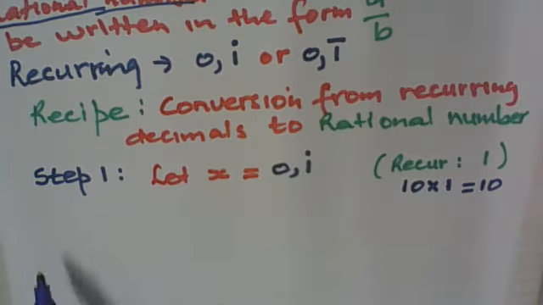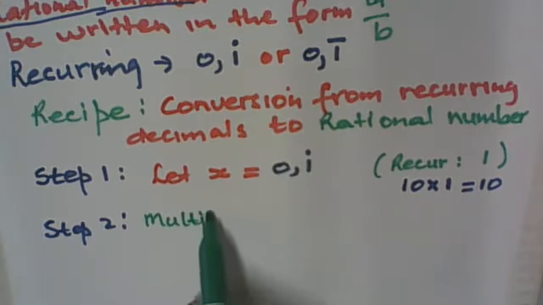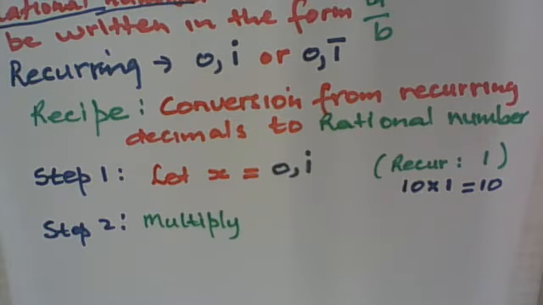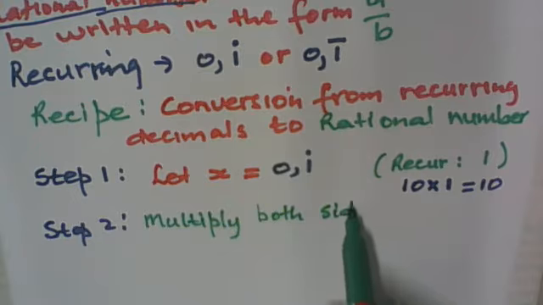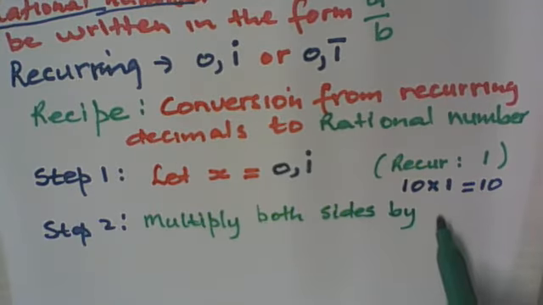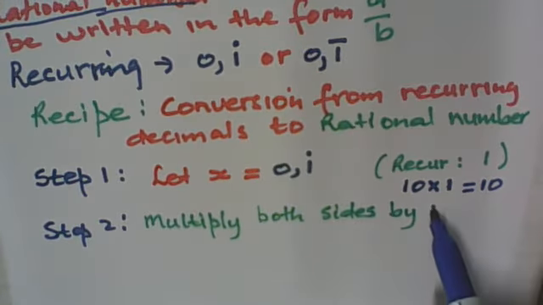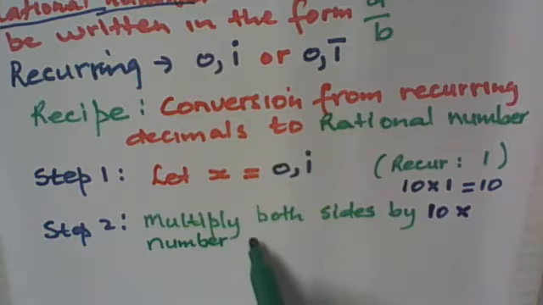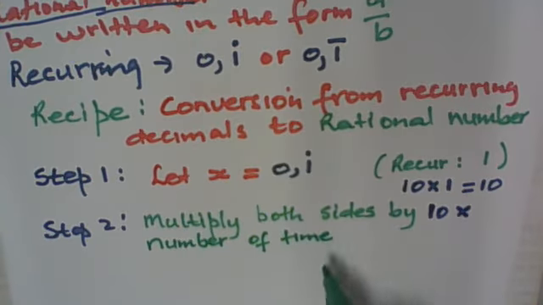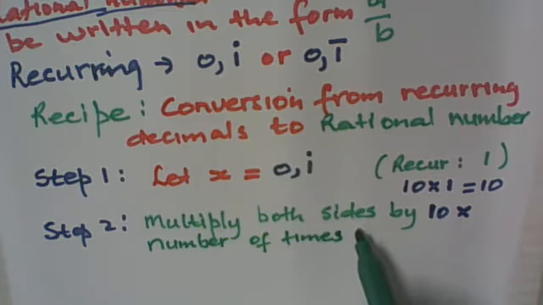Step 2: you multiply both sides of the equation by 10 times the number of times the number recurs.